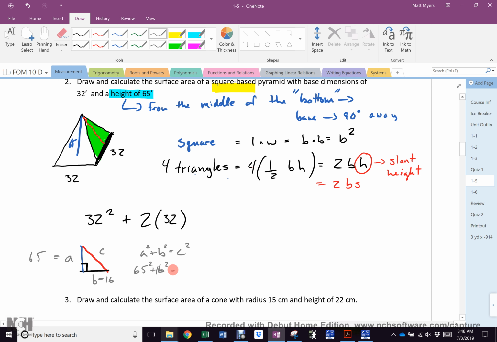65 squared plus 16 squared equals c squared, and then at the end we have to square root. Do that with your calculator. All of you know how to find your square root with your calculator. I only need 1 decimal place.